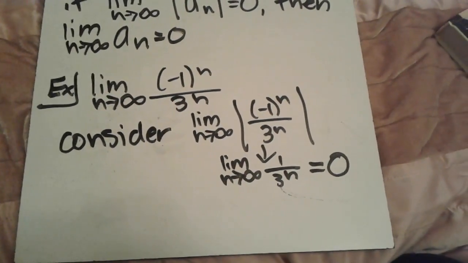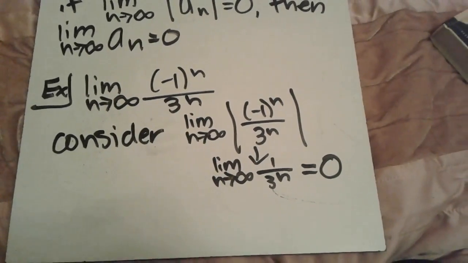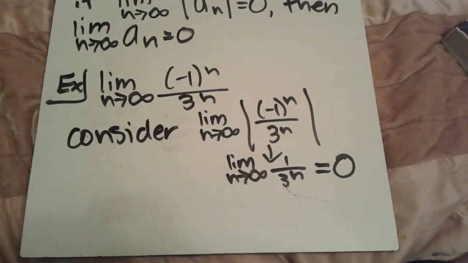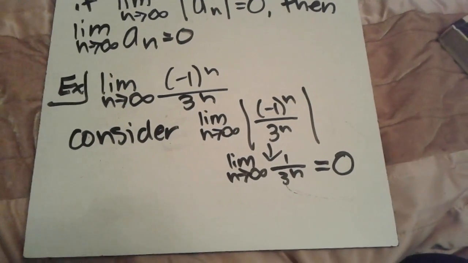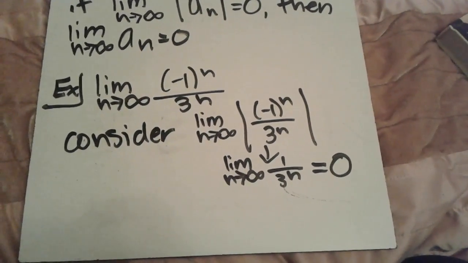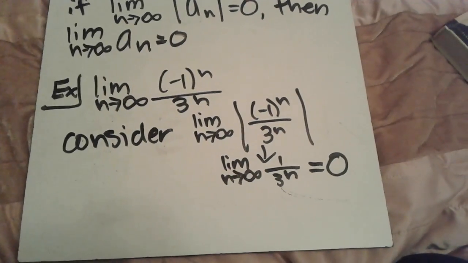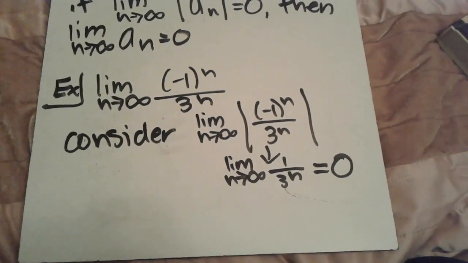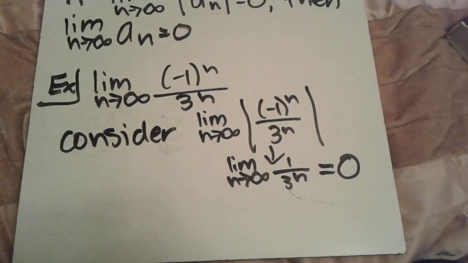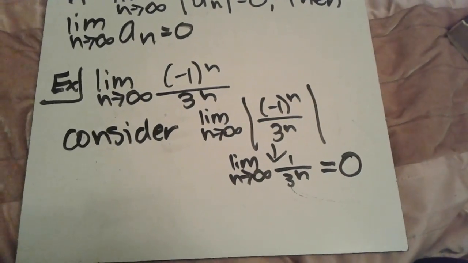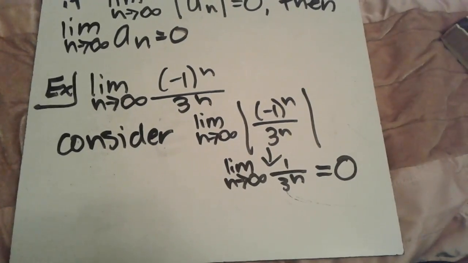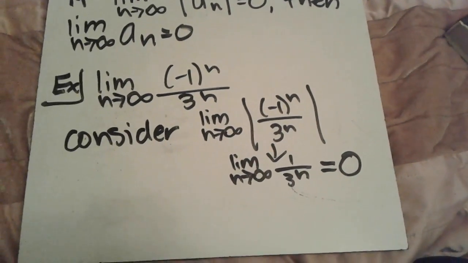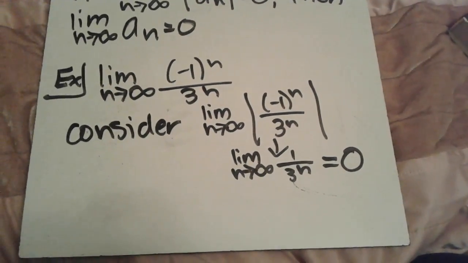You could consider the limit as n approaches infinity of the absolute value of negative 1 to the nth power over 3 to the n. You could do the absolute value, and the negative 1 to the nth power would cancel out with the absolute value sign.